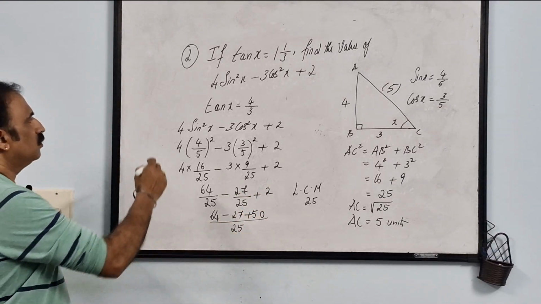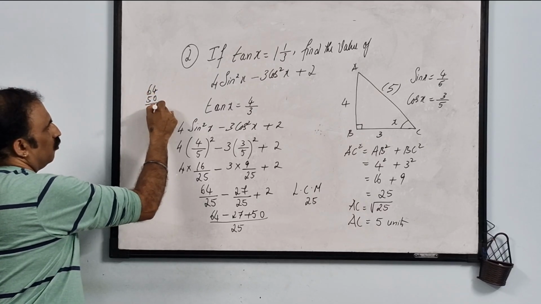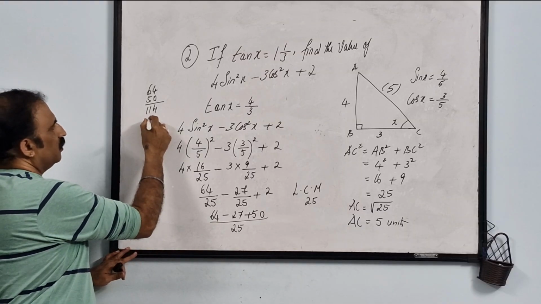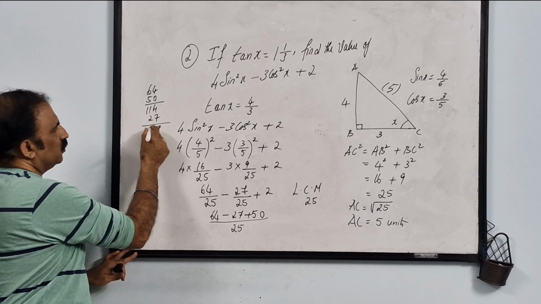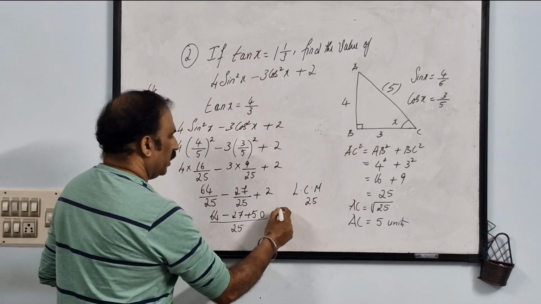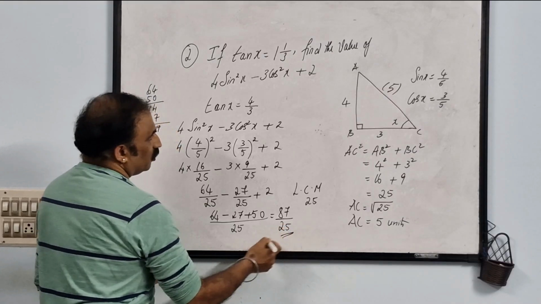Now add these two, 64 plus 50, is 114. Subtract 27, minus 27, and we get 87. So 87 by 25 is the value of it.